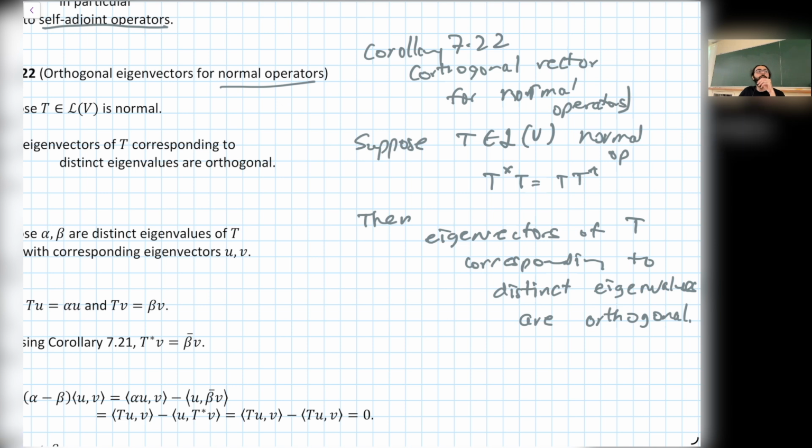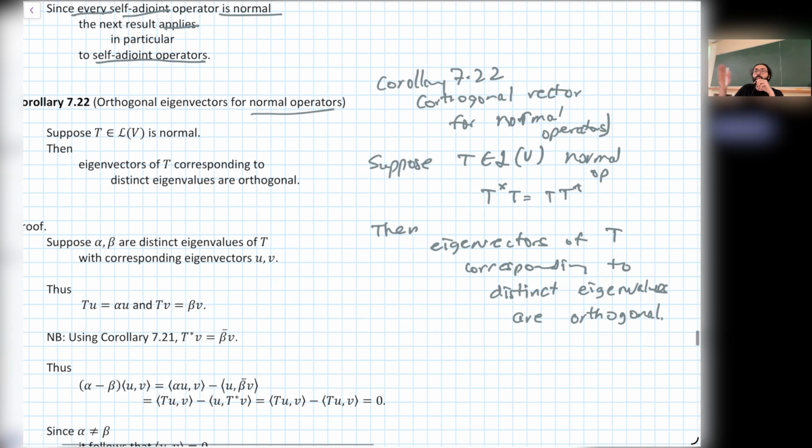Okay. So far we did not make any connection between distinct eigenvalues and orthogonal. Now it's the first time we're able to say something very interesting. We're able to say that if it is a normal operator and you find two eigenvectors for distinct eigenvalues, you can show that they would be orthogonal.